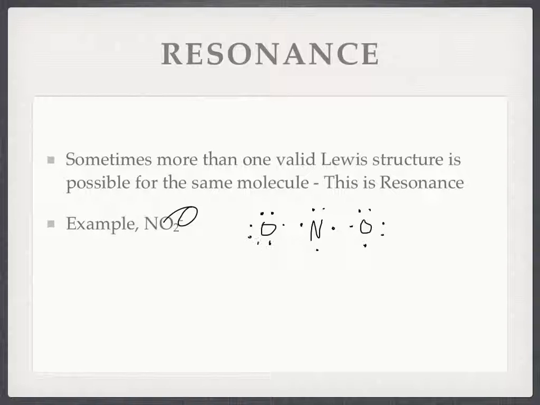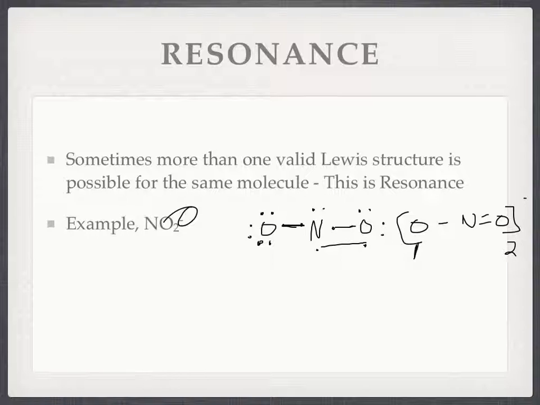So I'm going to put it on the left this time, and we can form a bond there, but on the right we would form a double bond. So you get a structure like this with a single bond, double bond, and of course you would put your minus sign on it.